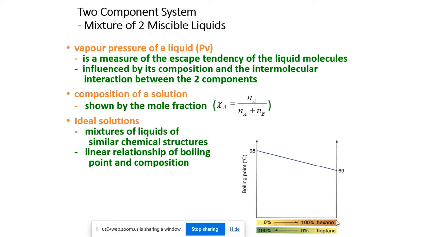I think you are very familiar with this kind of graph. On this left hand axis you have 100 heptane, 0 hexane. In between you can see some amount of hexane is possible, and again some amount of heptane is possible. We call it fraction, right?